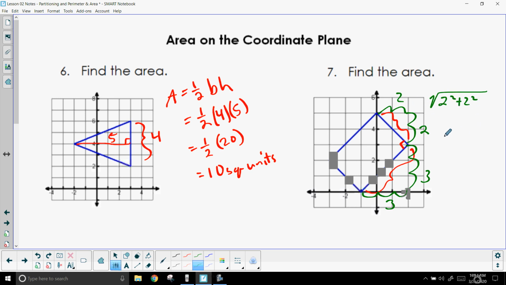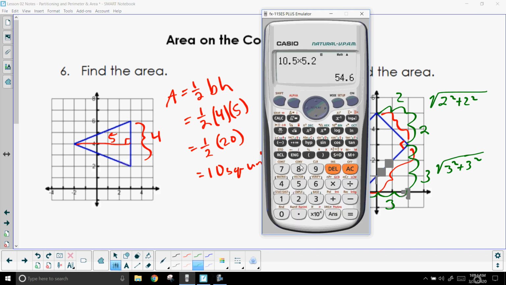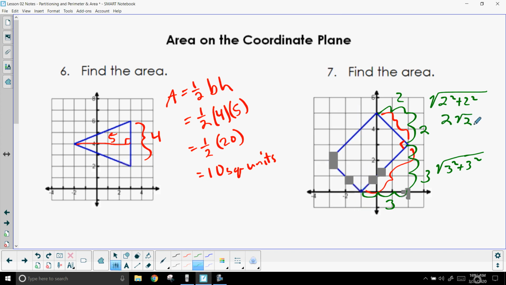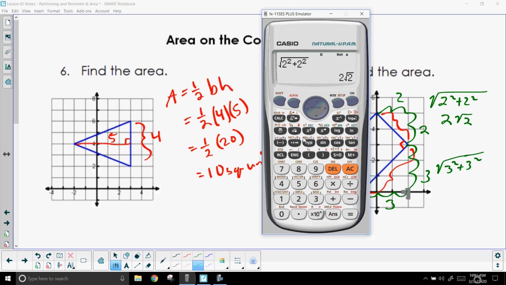Again, get your calculator. I'm going to do root of 2 squared plus 2 squared, and get 2 root 2. Then 3 squared plus 3 squared, and we get 3 root 2, just like we did before.